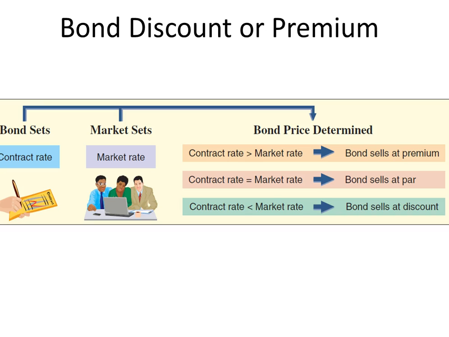So often you're doing a transaction at a discount or a premium. And there's reasons why for this. You see, the company usually works with an investment banker to issue the bonds, and there's a lot of work, and that investment banker will give them a pretty good estimate of what maybe the going market rate is when they expect to deliver.